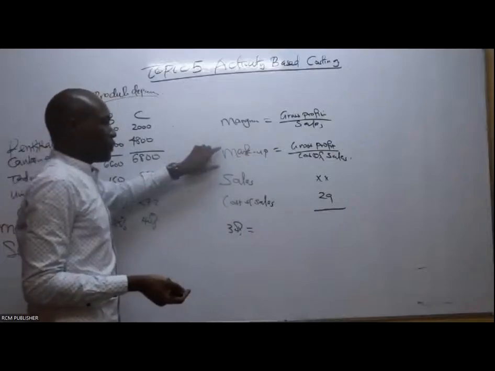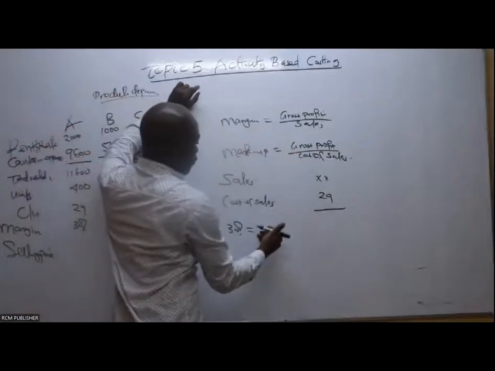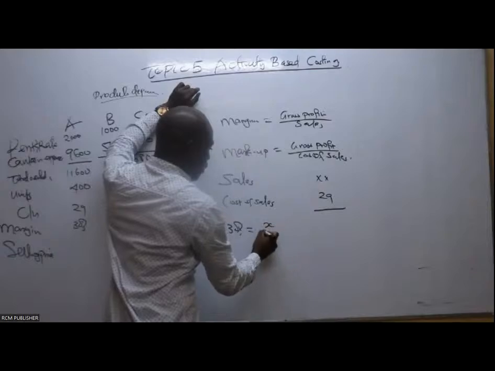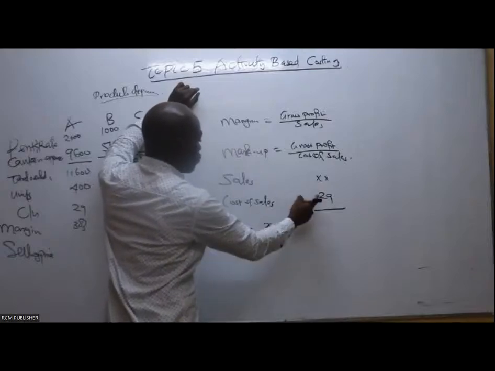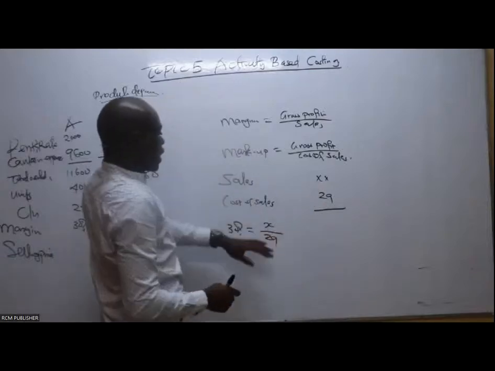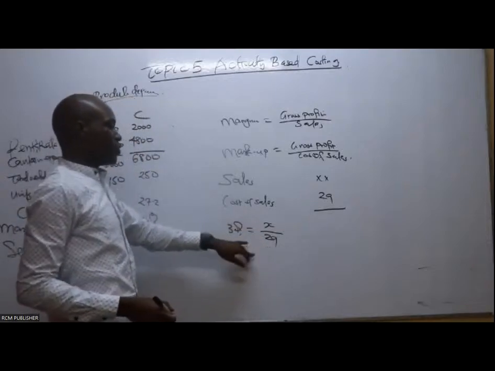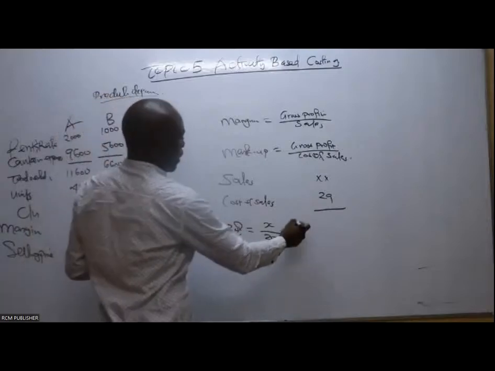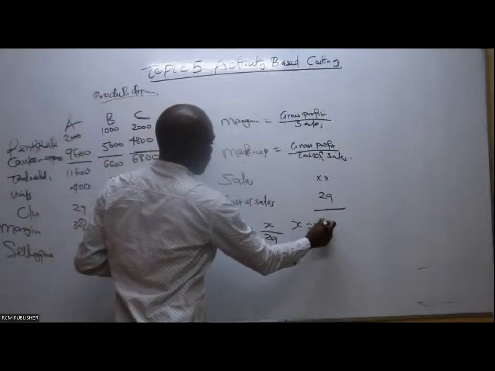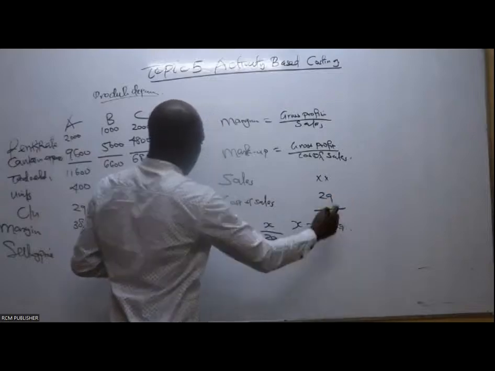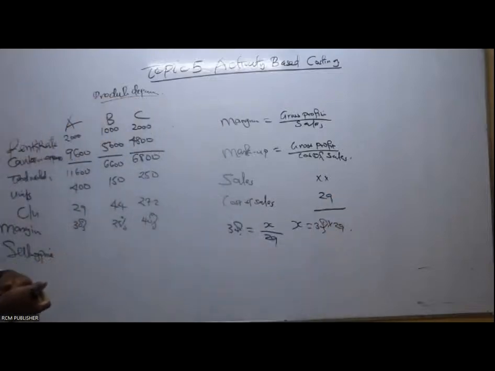We have gross profit, which we do not know, and cost of sales, which is already 29. If I divide it by 29, I'm going to get 30%. So my X is equivalent to 30% multiplied by 29 for me to get gross profit.